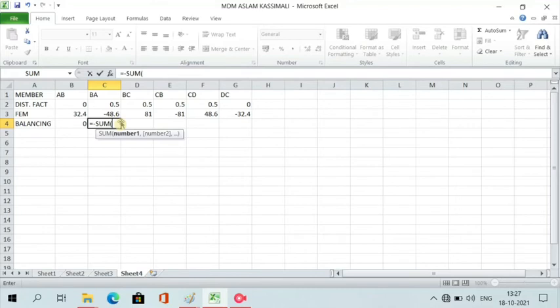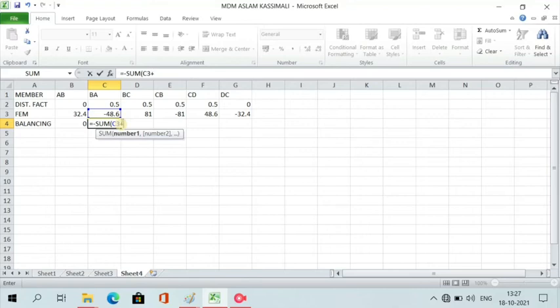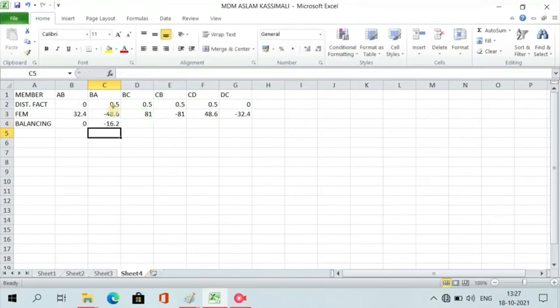So I will write C3 plus D3, bracket of, now we need to distribute also. What is the distribution factor? So we will put star, distribution factor is 0.5. Now we will press enter. So what I got, minus 16.2.